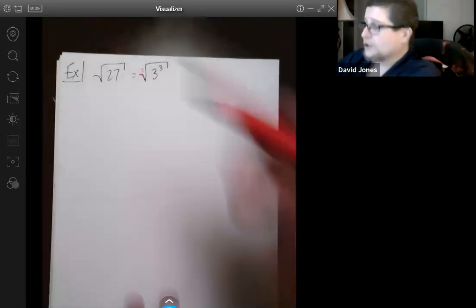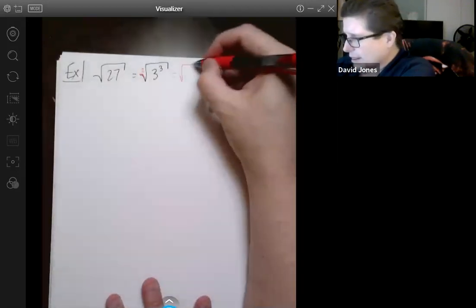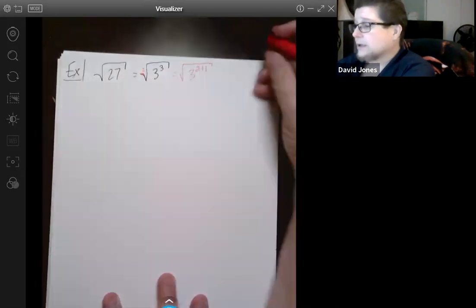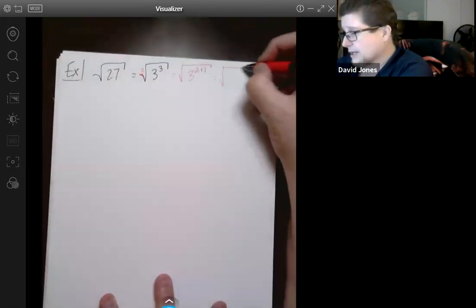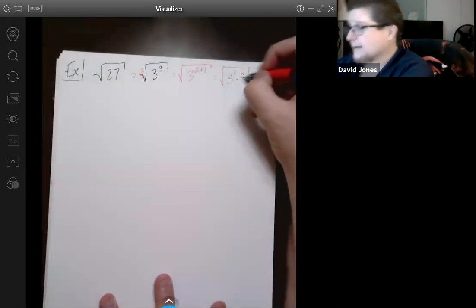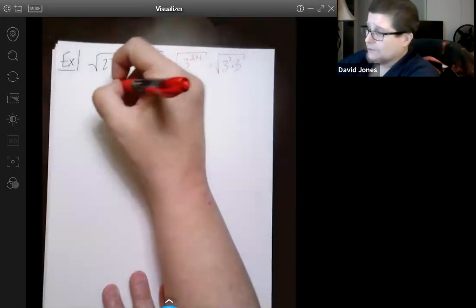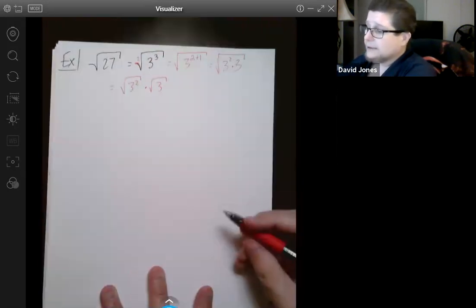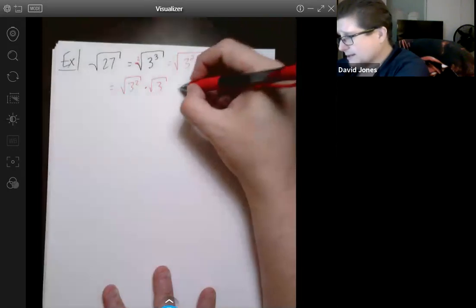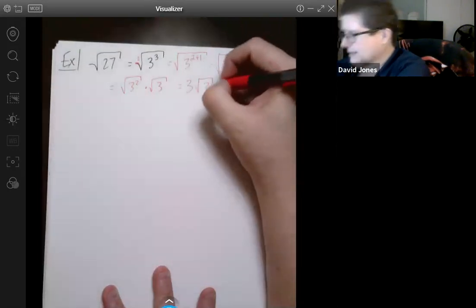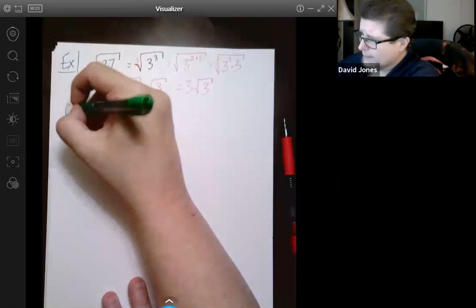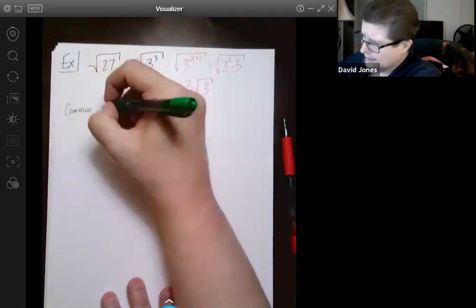So what I need to do is I can break that 3 and the exponent up into 2 plus 1. And this becomes 3 squared times 3, which equals square root of 3 squared times square root of 3. And the first one simplifies to 3, but the second one stays the same. It is common notation to put the radical last.